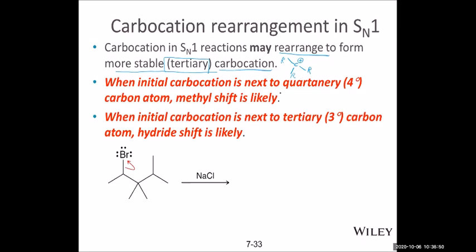And so with rearrangement, oftentimes when you look at the reaction, you notice there's a major change in the carbon structure. When you see a major change in carbon structure from the beginning reactant to the product, that's the first thing you would suspect: there must be a rearrangement.